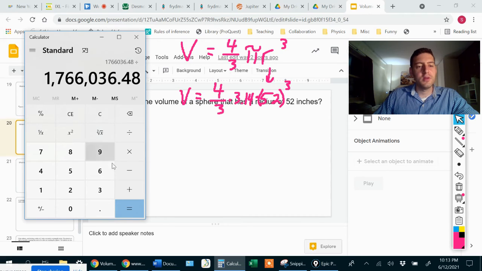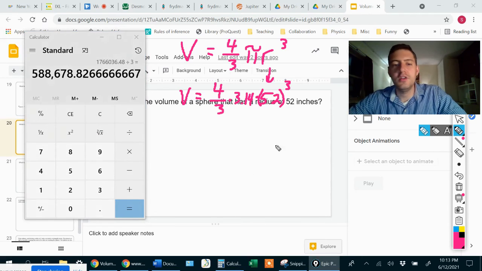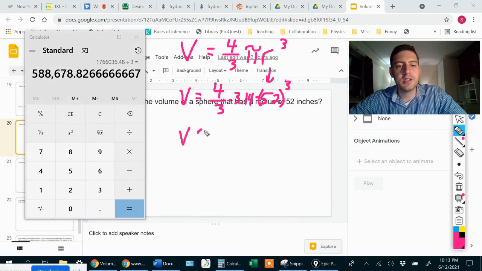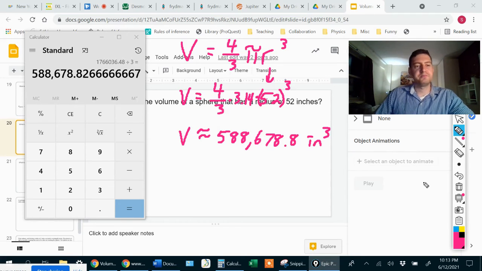Now I didn't forget about the 3. Divided by 3, we get that the volume is approximately equal to 588,678, let's just round that to the nearest tenth, 0.8 inches. That would be cubic inches because we're talking about volume.